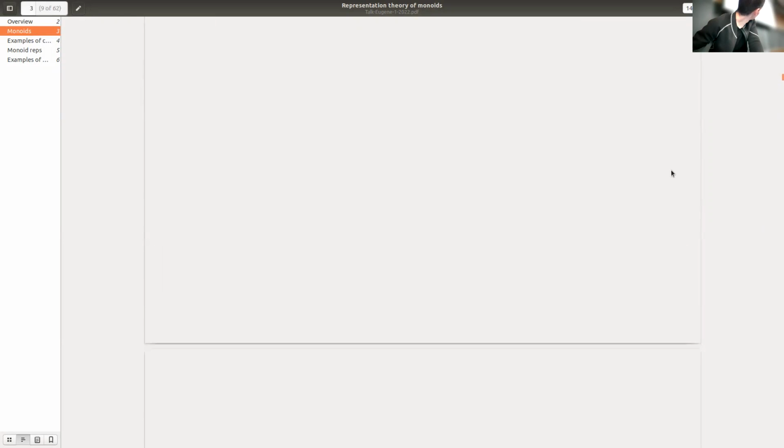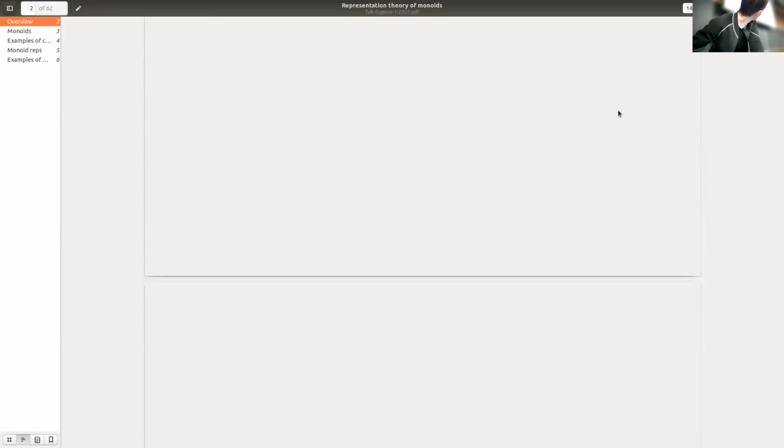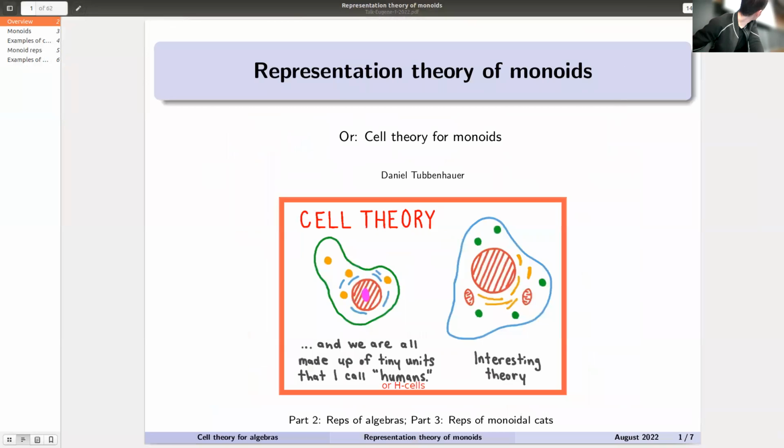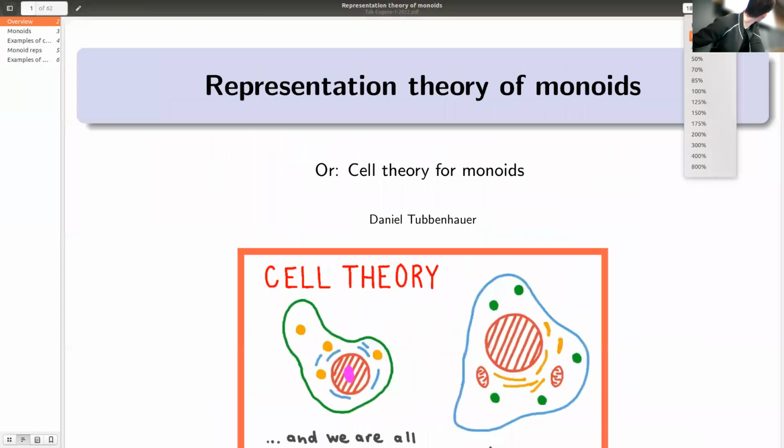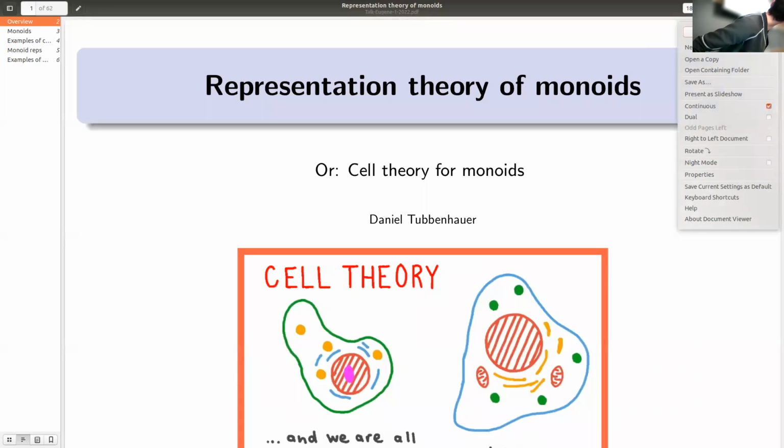There should actually be a presentation mode somewhere, but I can't see it.